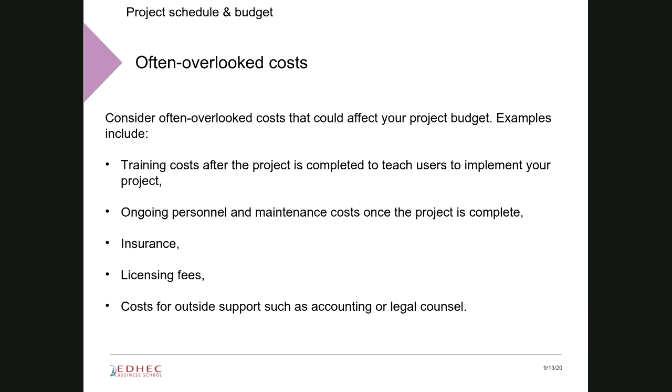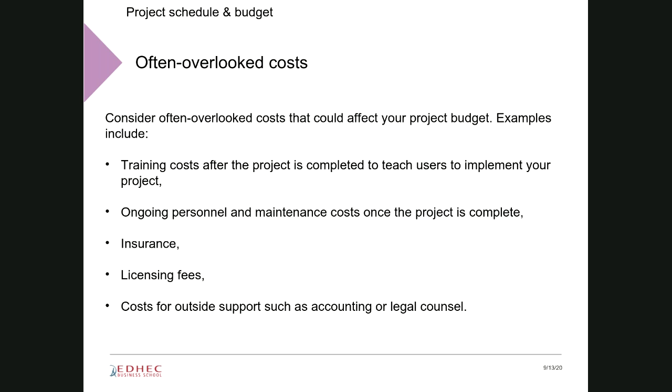And very often, there are some types of costs that are overlooked, forgotten. These are the training costs after the project is completed and the product was delivered to customers. Now you have to train users to implement the project and to help them use the product. So this is very often forgotten. Then we have the ongoing personnel and maintenance costs once the project is over.